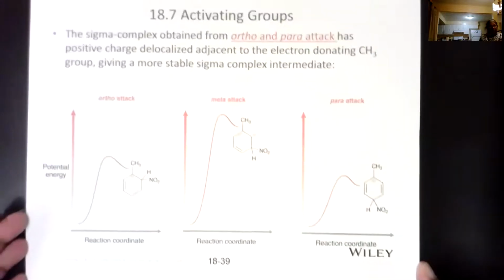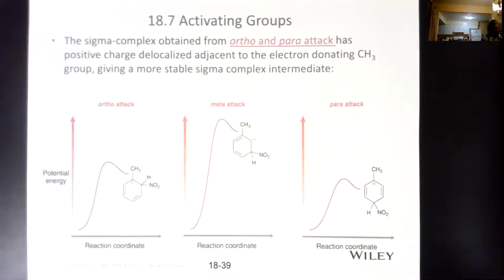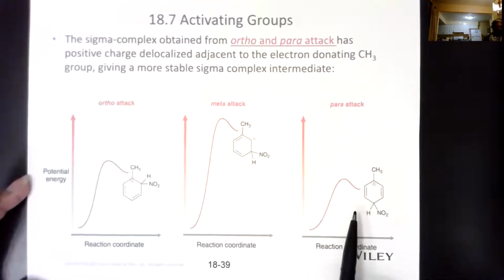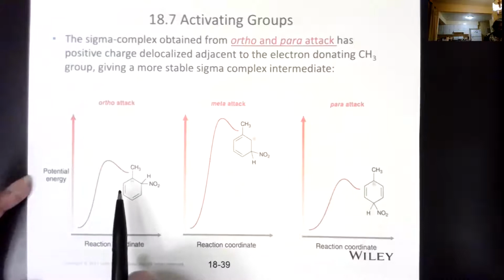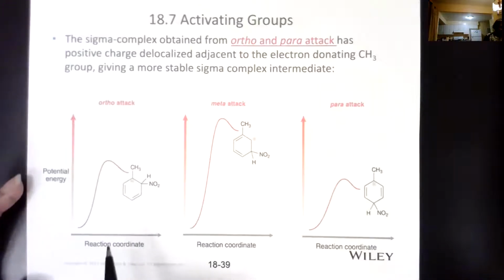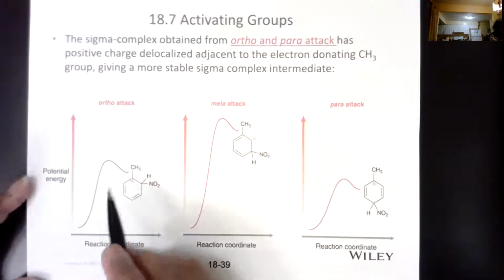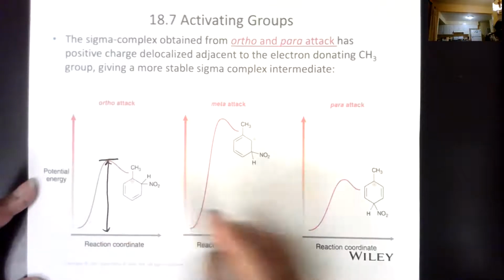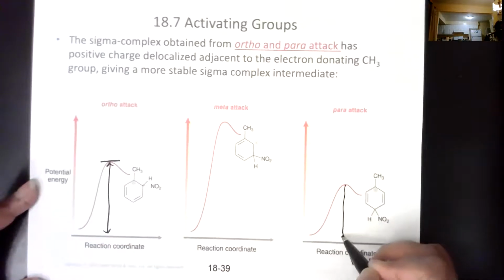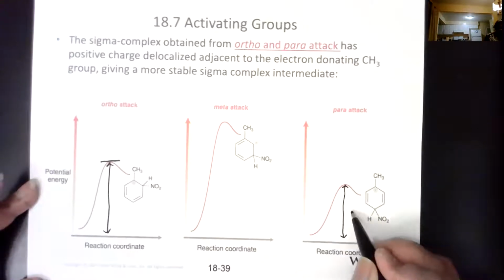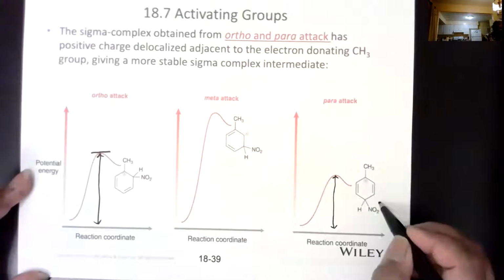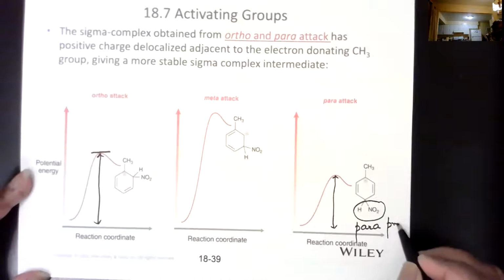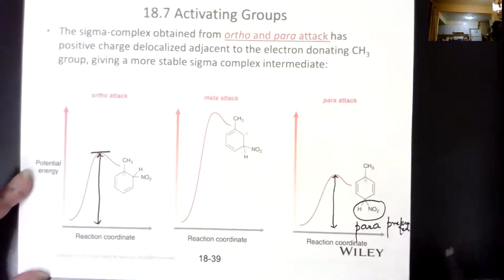We also looked at this last week, and we said that for the ortho attack and the para attack, the intermediates have an activation energy leading to that intermediate. The activation energy for the ortho is slightly more than that for the para. And we said that is because para is preferred due to resonance, okay?